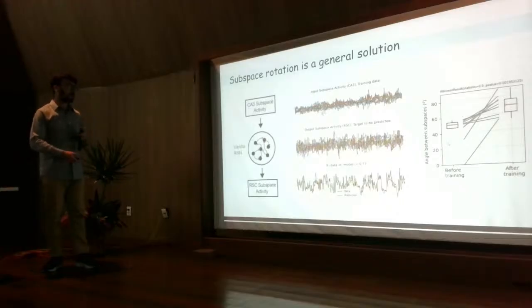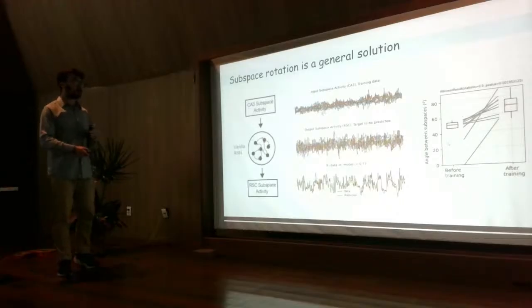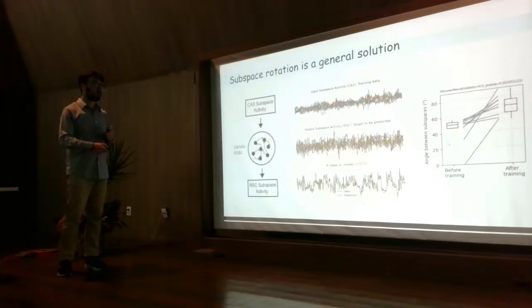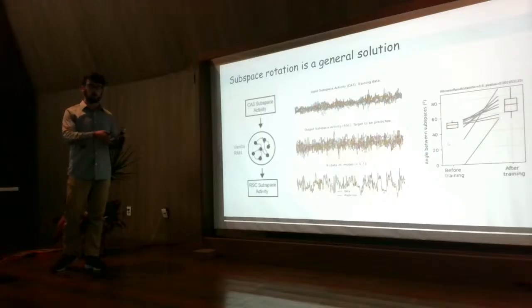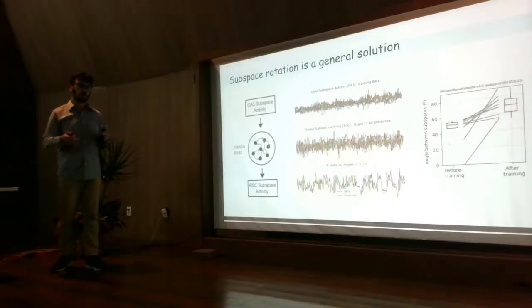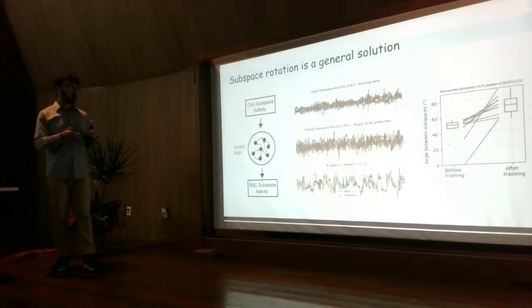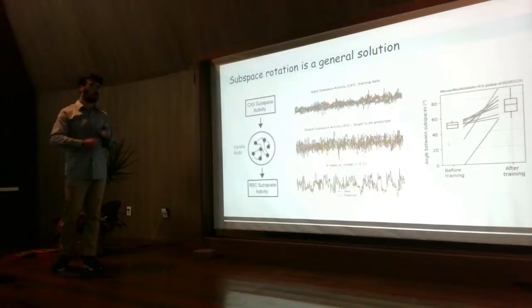And when we compare what happens before training and after training, we find there is a consistent rotation that takes place with learning. So transforming the inputs into the outputs depends on rotating these two subspaces, the input and the output subspace, one with respect to the other.